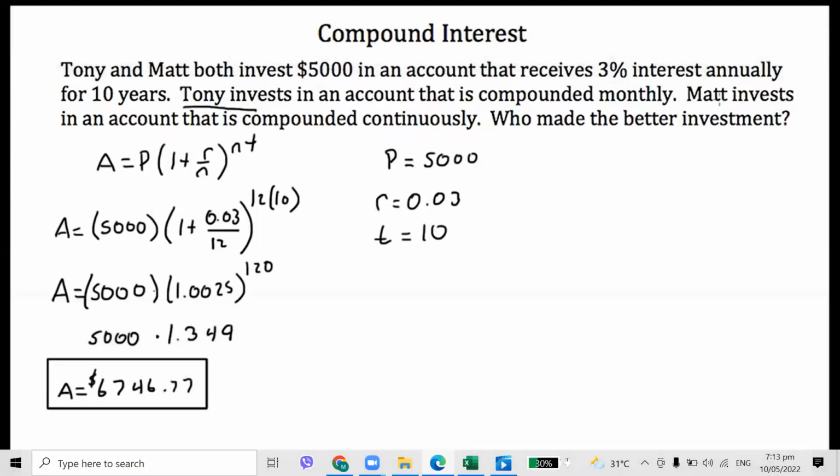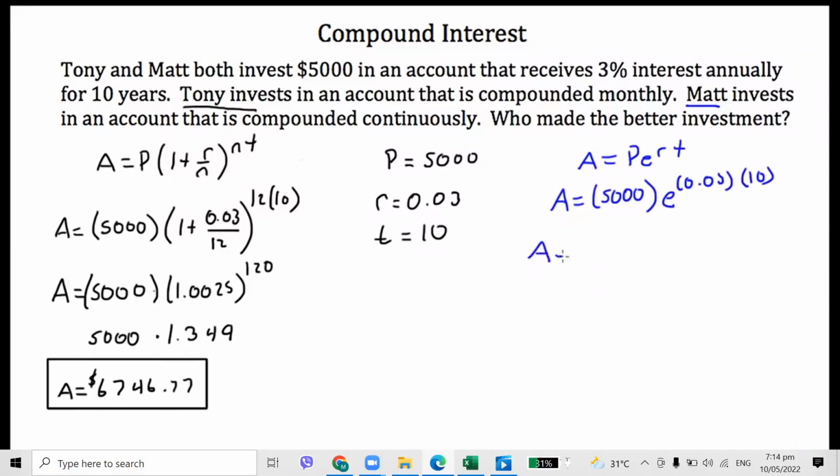Now let's figure out how much Matt will have. This is continuously compounded, so we're going to use the formula A is equal to Pe^(rt). A is what we're looking for. That's equal to 5,000 times e to the 0.03 times 10 power.